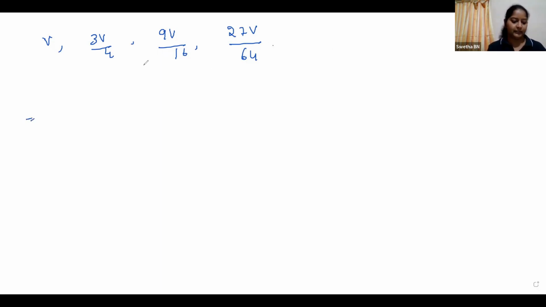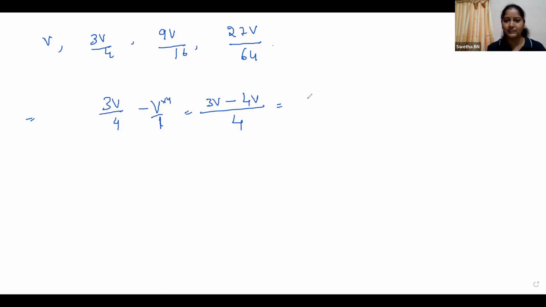Okay. I will take A2 minus A1, 3V by 4 minus V. That is equal to, LCM is 4. So we have 1 in the denominator, so you have to multiply by 4. That is 4V. So 3V minus 4V is, Panchami, answer.